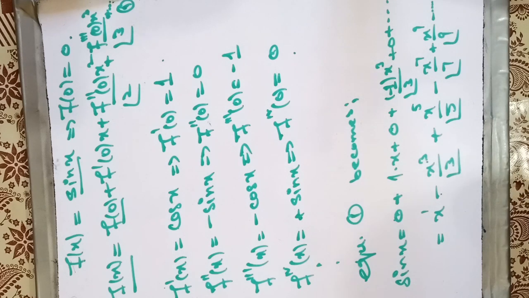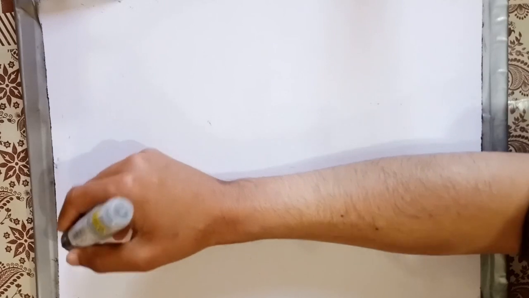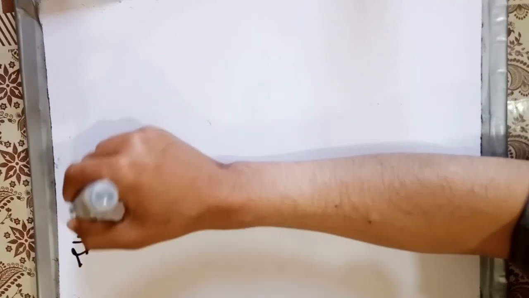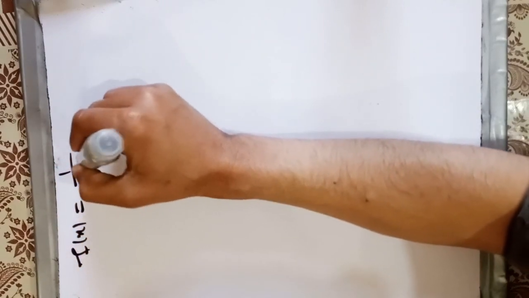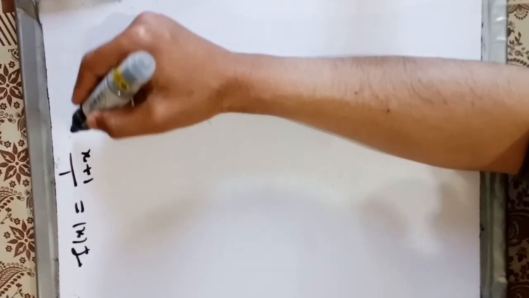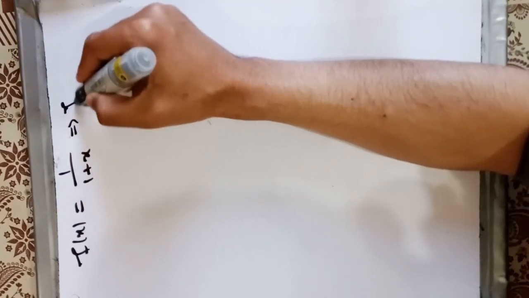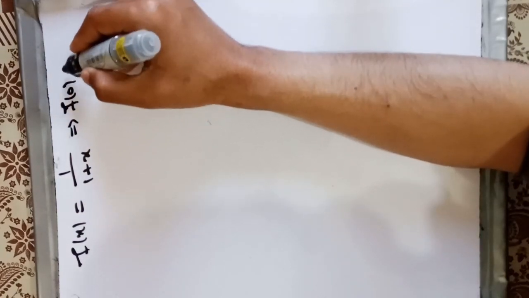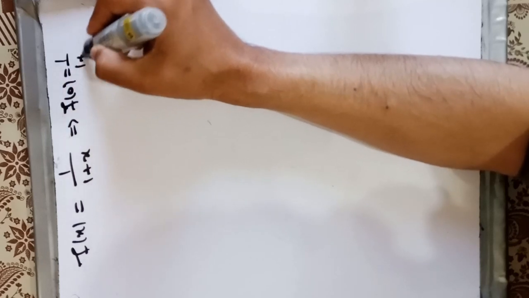Now we will discuss the last one, the 1 over 1 plus x series. So f(x) is equal to 1 over 1 plus x. You can easily observe that if we find it at 0, f at 0 will be 1 over 1 plus 0, which is equal to 1.